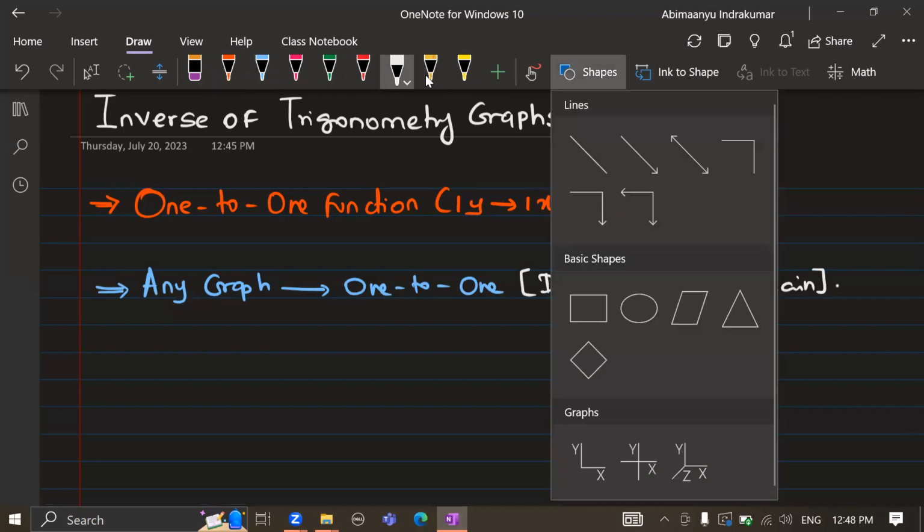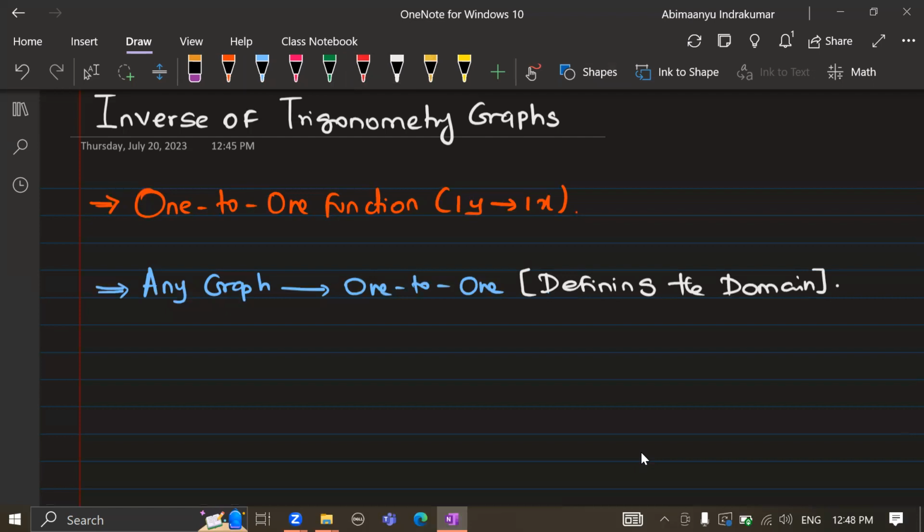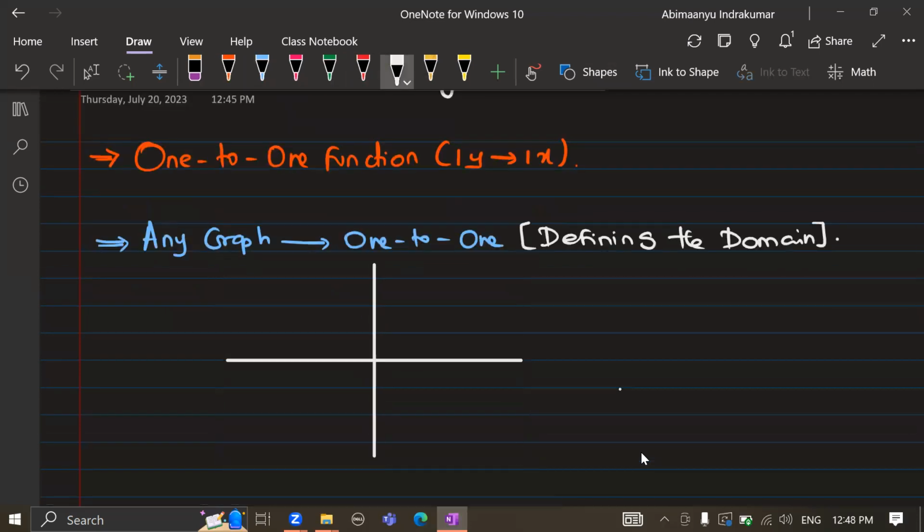For example, let's say you have an x square graph like this. Now we know this is a many-to-one graph.